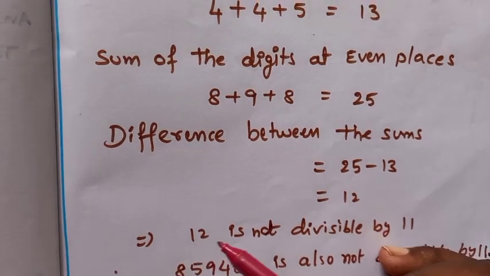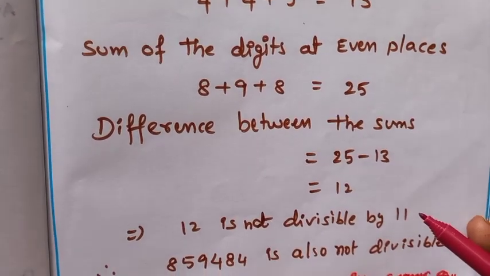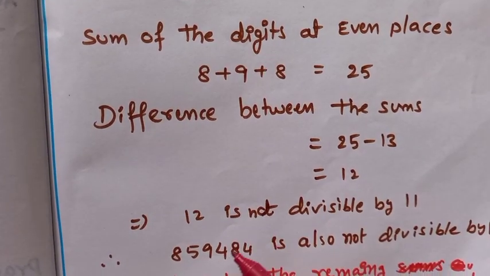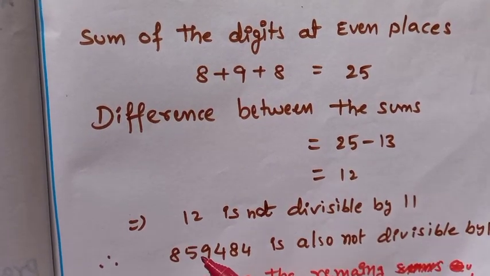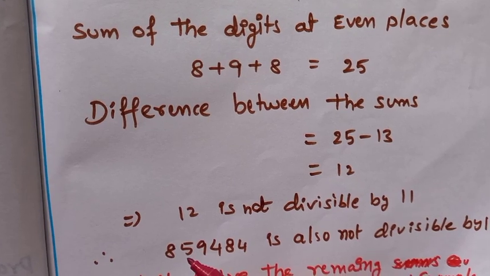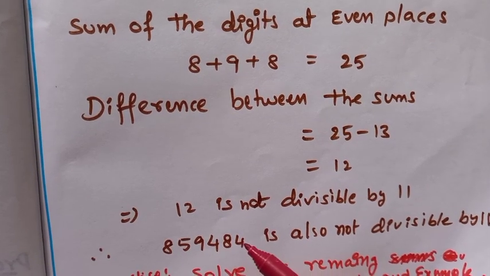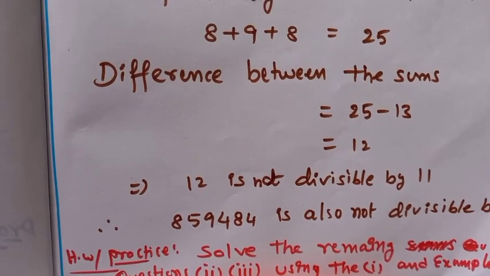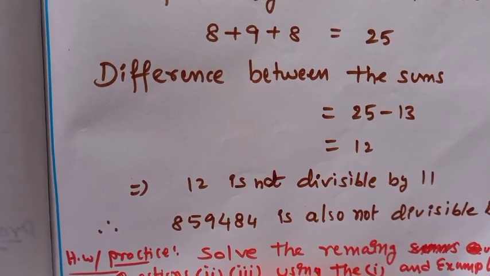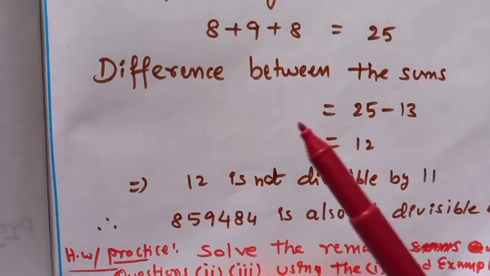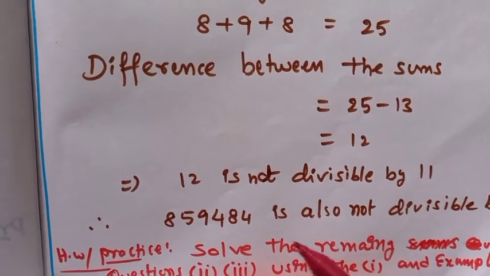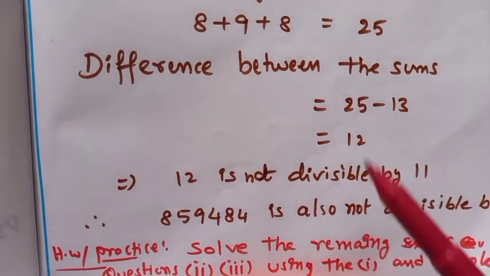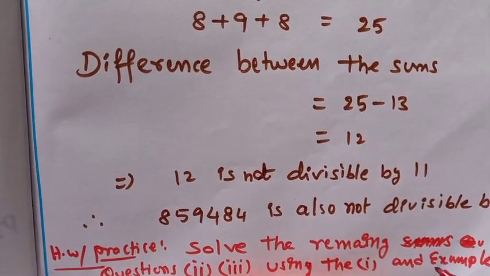Clearly, we know that 12 is not divisible by 11. According to the divisibility principle of 11, the original number 8,59,484 is also not divisible by 11. So solve the remaining questions, second and third, using the first question as an example.